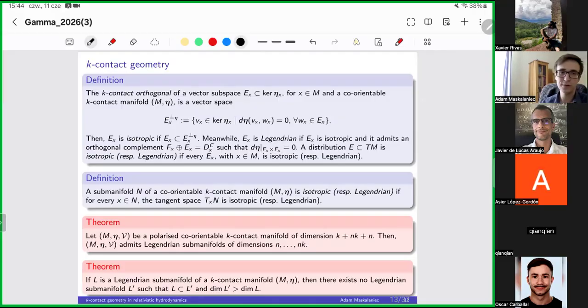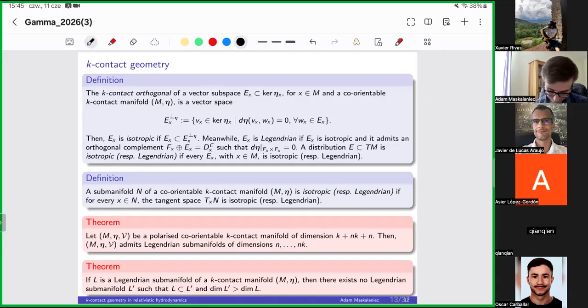So a Legendrian space is an isotropic space with an isotropic complement in the kernel of eta. Then we extend these notions to distributions and consequently to submanifolds. And we say that a submanifold is Legendrian if all its tangent spaces are Legendrian vector spaces.